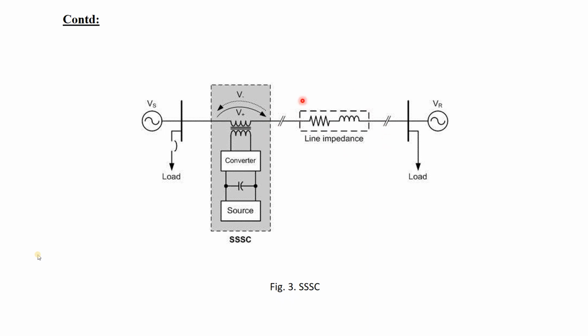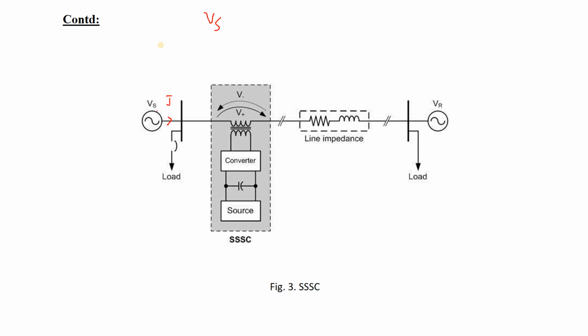That means it is also injecting voltage in the system, but irrespective of the line current. Whatever load is there, because current varies depending upon the load, isn't it? The amount of power which is transmitted, suppose this is the I current, this Vs will be constant, generally.